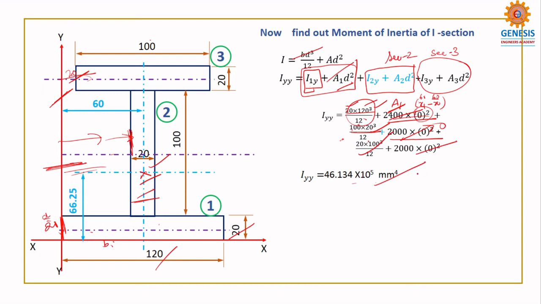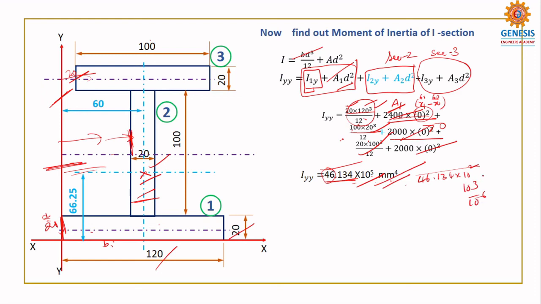Don't write full numbers. Show 2 or 3 digits before the decimal and write everything like this, because in the exam you don't have the time. So it is 46 or 134. Sometimes it is 10 square or 10 cube or 10 to the minus 6 if it is mentioned in meter cube.